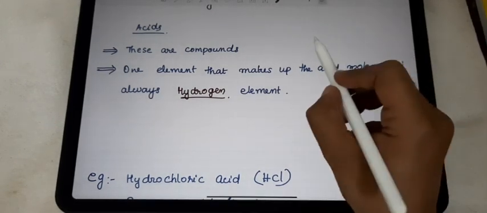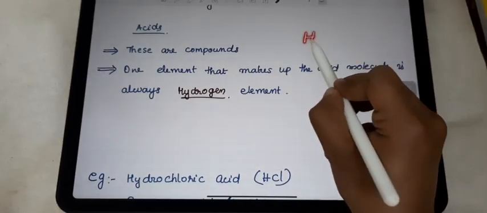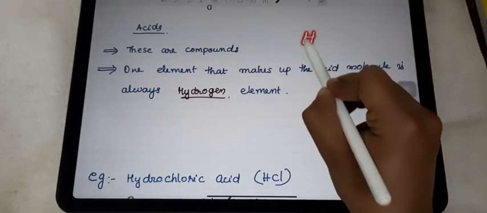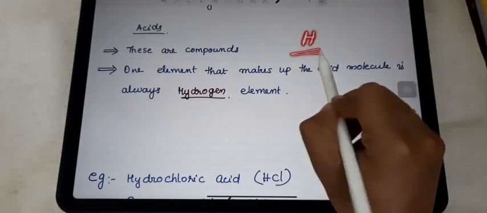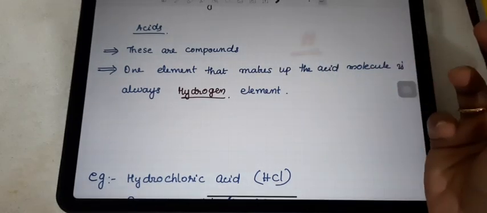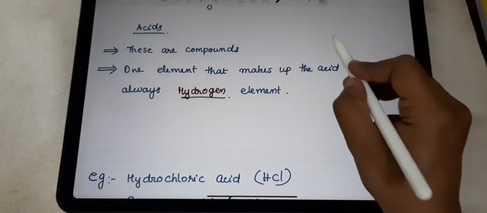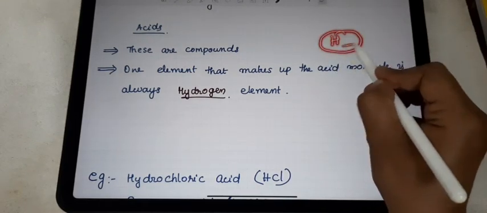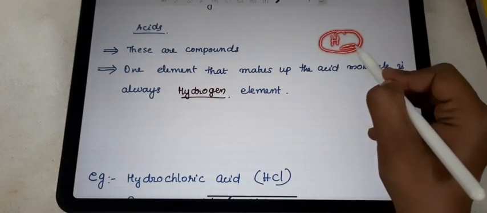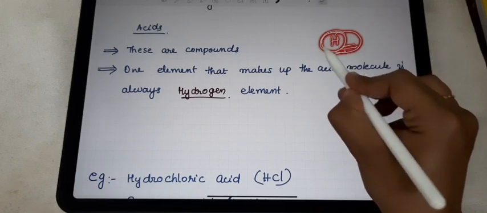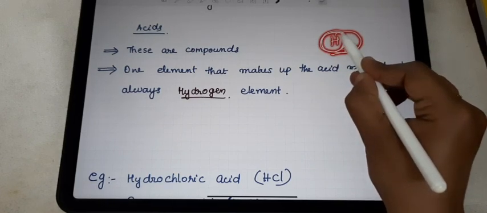In an acid there is surely one element, hydrogen. We said that an acid is a compound, which means not only one element, there are some other elements also needed. One of the elements should be hydrogen in the case of an acid.